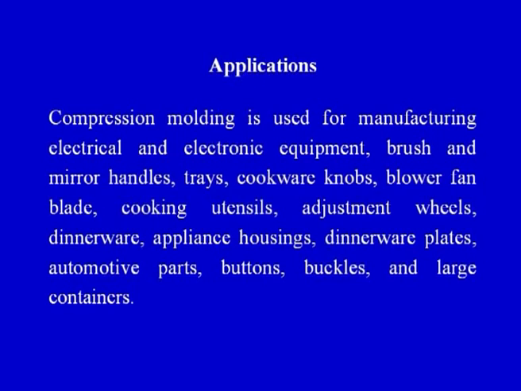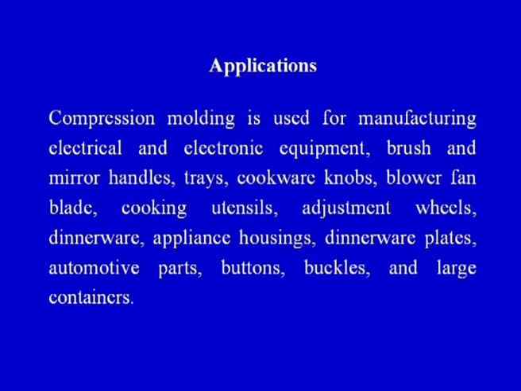Now finally we come to the application areas of the compression molding process. Compression molding is used for manufacturing electrical and electronic equipment. Brush and mirror handles can be made by compression molding. Trays, cookware knobs, blowers, blower fan blades, cooking utensils, adjustable wheels, dinnerware, appliance housings, dinnerware plates, automotive parts, buttons, buckles and large containers can be made by the compression molding process.